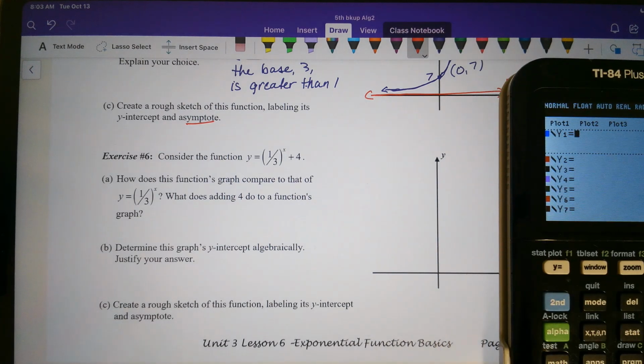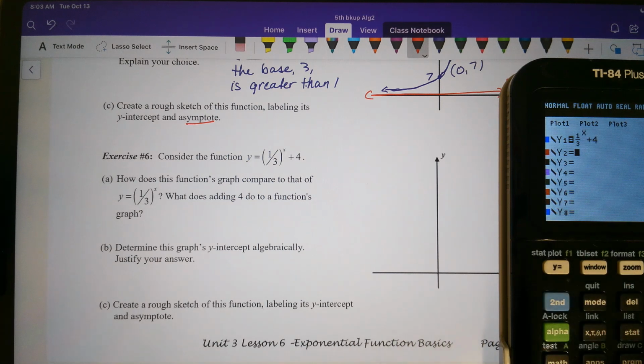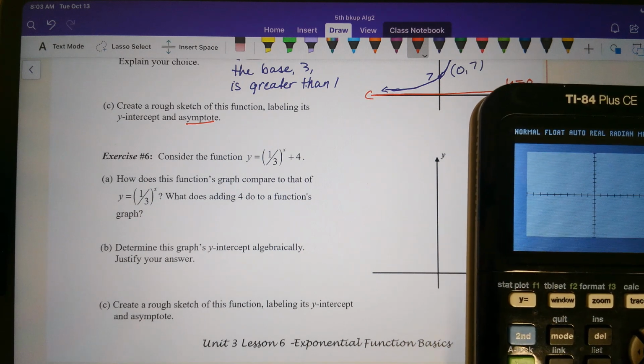Okay, so we have y equals 1/3 raised to the x plus 4, and y equals 1/3 to the x. The first one is in blue. This is plus 4.